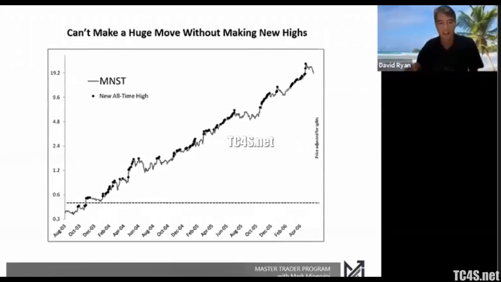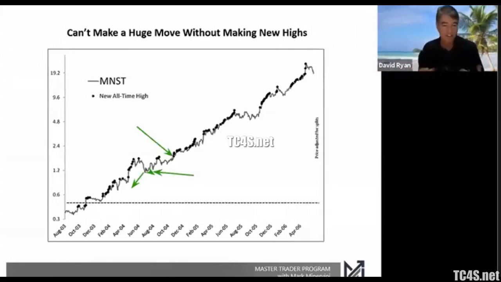But if you're buying, let's say we're looking at Monster, right in this area down here, well, you've got this overhead supply, of which there might be people who bought here who are underwater, who, as it gets back there, might sell, and so it might hold the stock down. But if you're buying when the stock is hitting new high ground, well, right here, there's no one above you. And so that's one main reason.